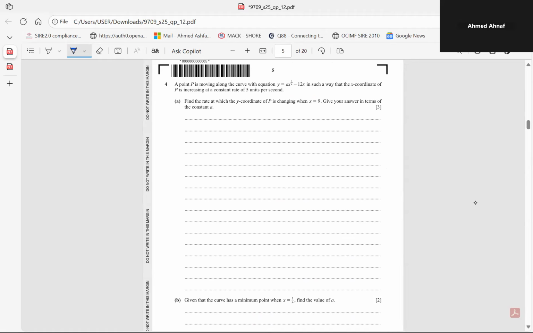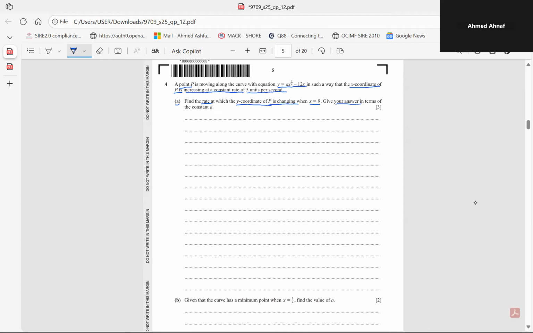Okay, so here we are told that a point P is moving along a curve with this equation in such a way that the x-coordinate of P is increasing at a constant rate of 5 units per second. And for the first part, we're told to find the rate at which the y-coordinate of P is changing when x equals 9.